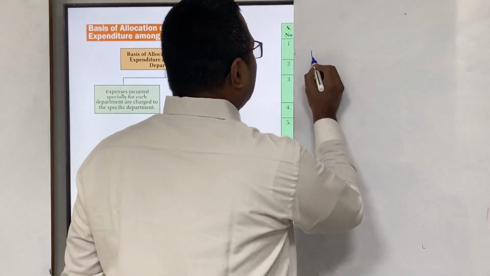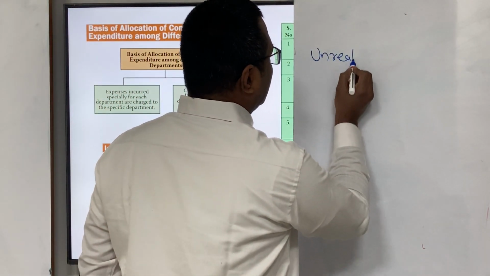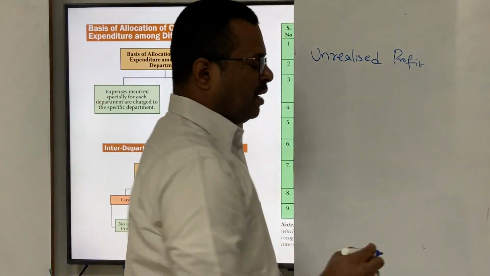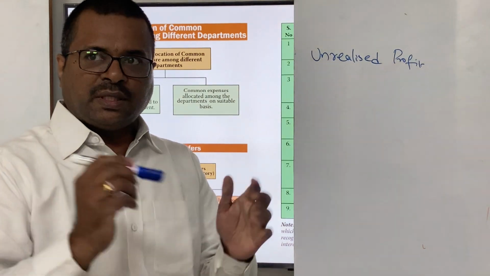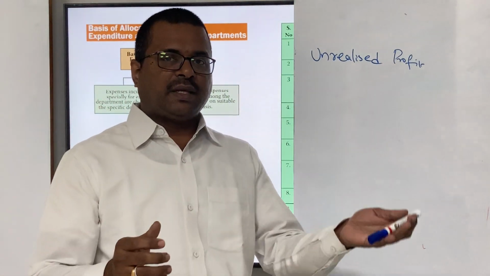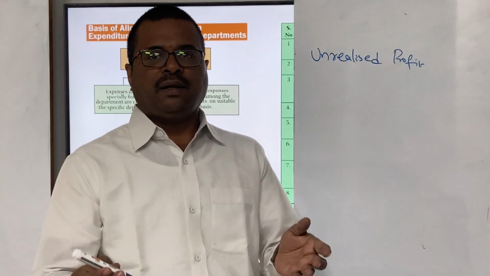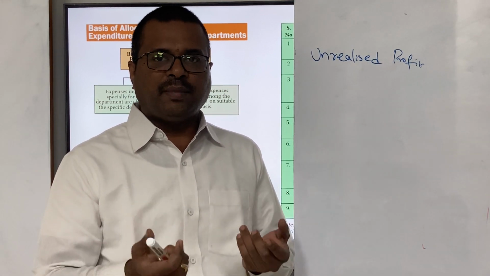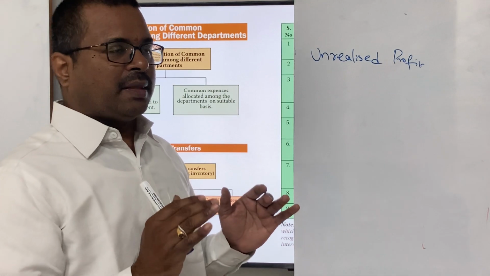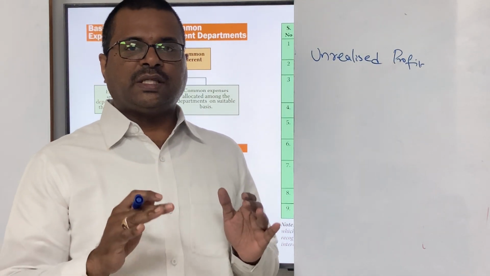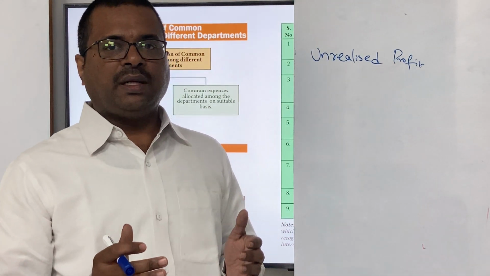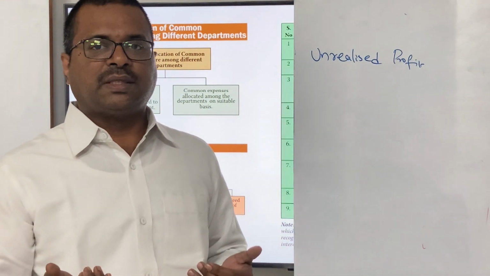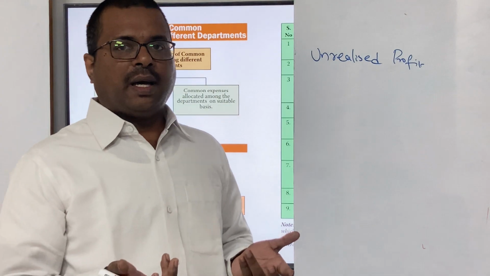It is unrealized profit. One department within the same organization is taking the material from one hand to another hand at a higher value. Is any profit earned by the organization? No. So the profit element in this transfer is only to evaluate the performance of the respective departments. There is no earning of profit.